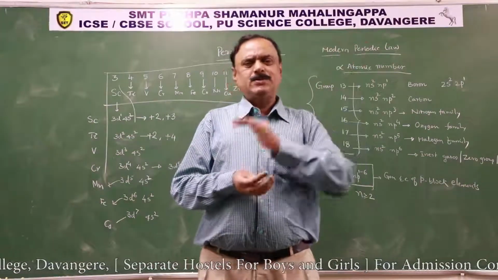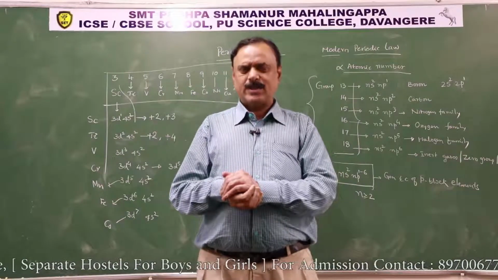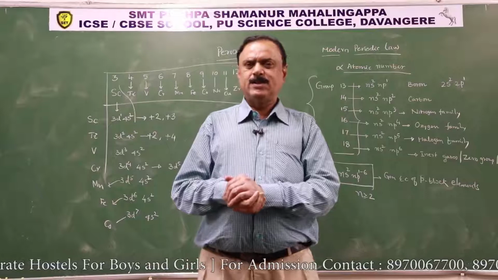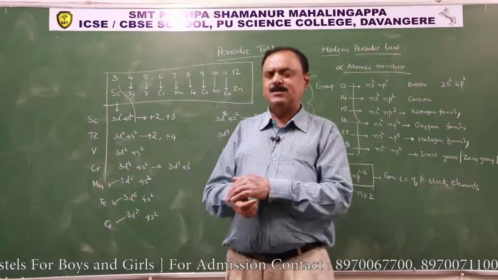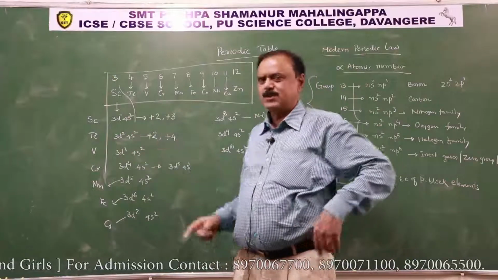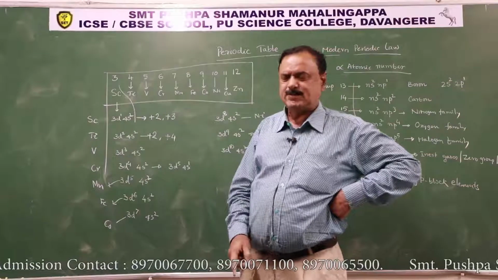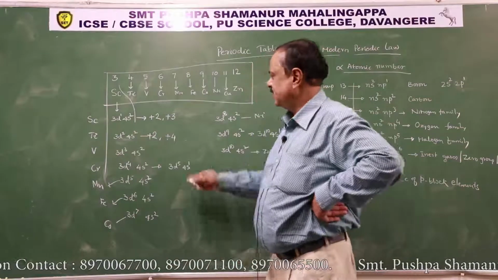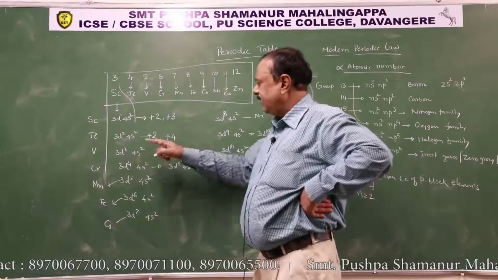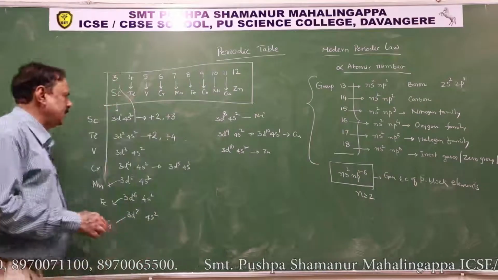In the lower oxidation state, only 2 electrons are involved. It has the ability to attract a few more electrons. In the higher oxidation state, inner and outer 4 electrons are used up, and hence we have the +4 oxidation state. Now we have vanadium. In entrance exams they may ask oxidation number problems.